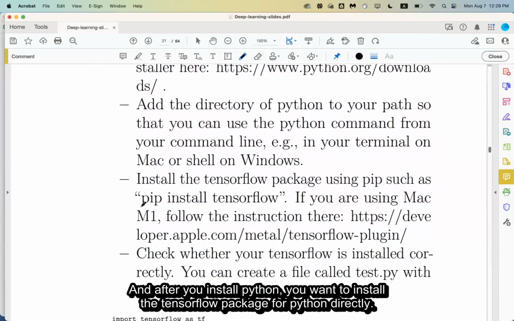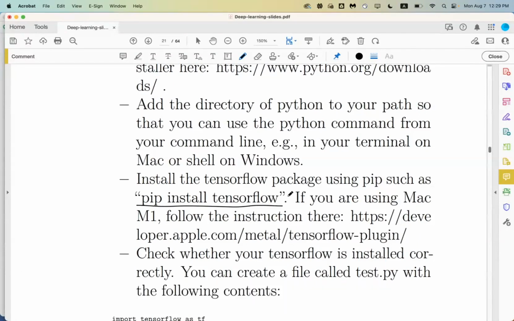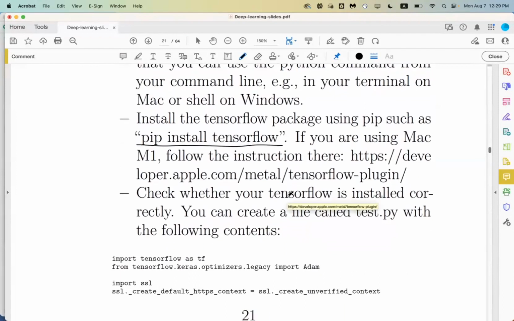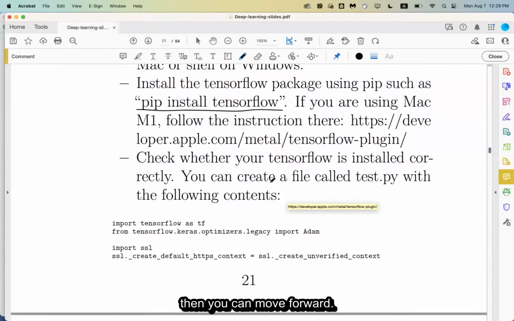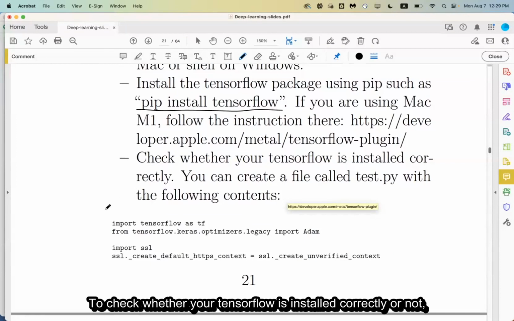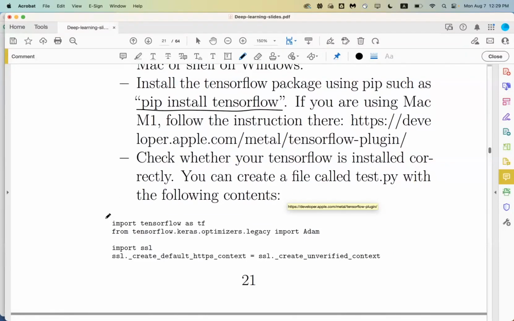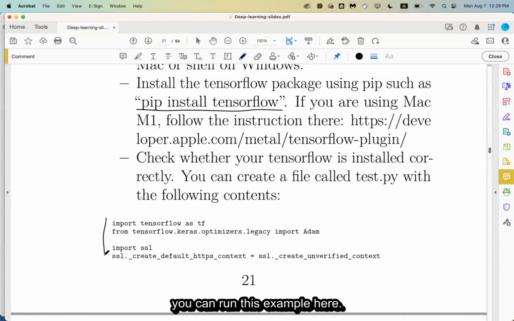After you install Python, you want to install the TensorFlow package for Python directly. Once you have installed TensorFlow successfully, you can move forward to check whether your TensorFlow is installed correctly or not. You can run this example here.